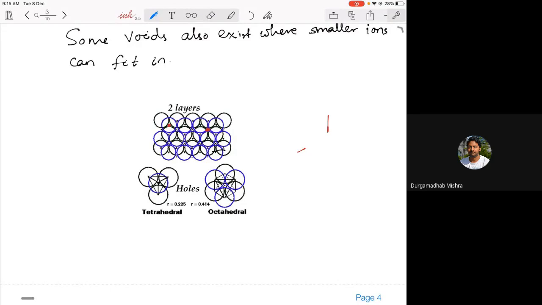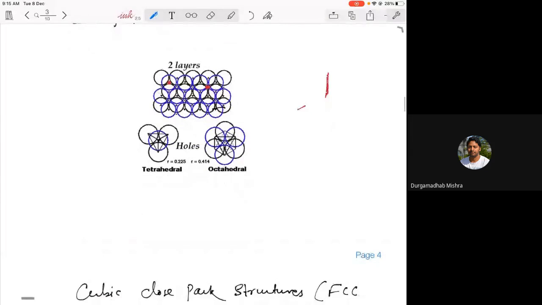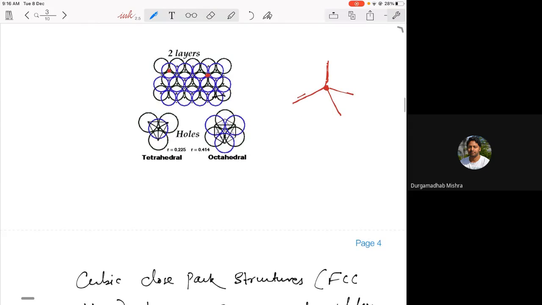The tetrahedral one would look like this: this is something like a tetrahedral geometry. This is your central atom which will be bonded to four different atoms.